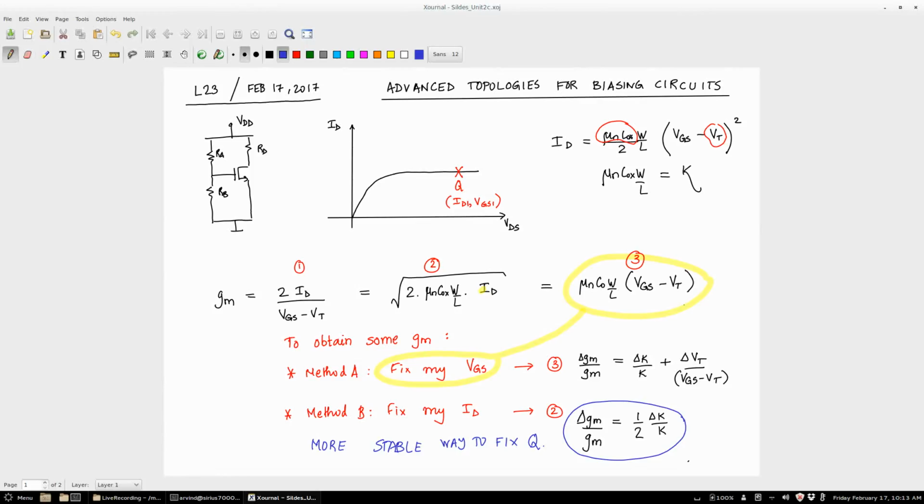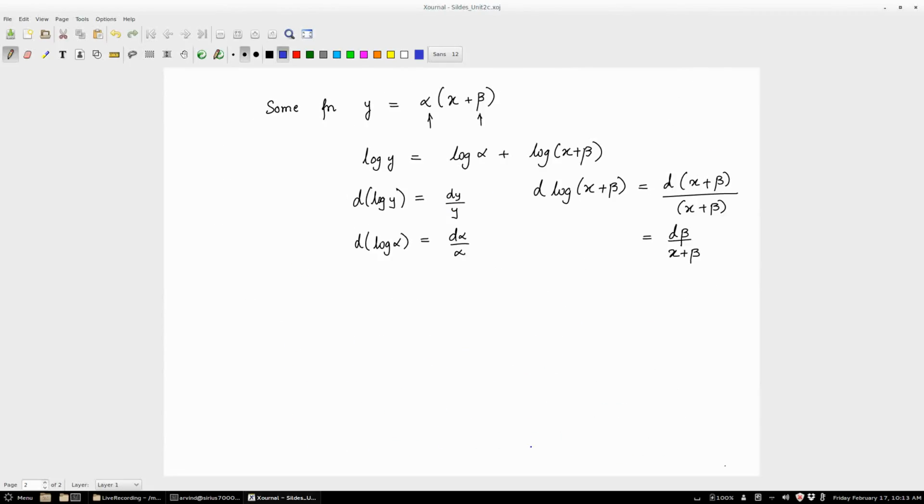What do you mean by better? Instead of better, let me qualify that by saying this is a more simple way to fix Q, so that it is a little less variant on the exact device that you use. Okay. All right. So this was basically error analysis 101, right?